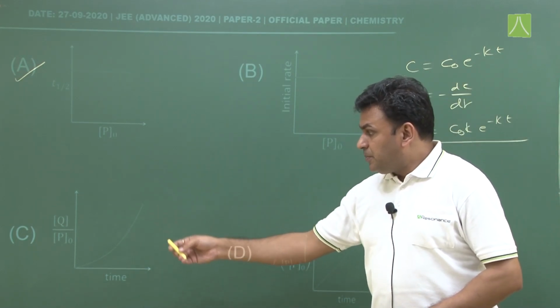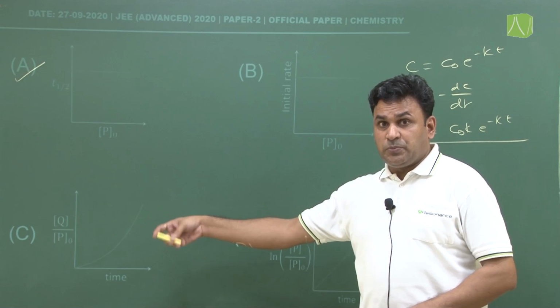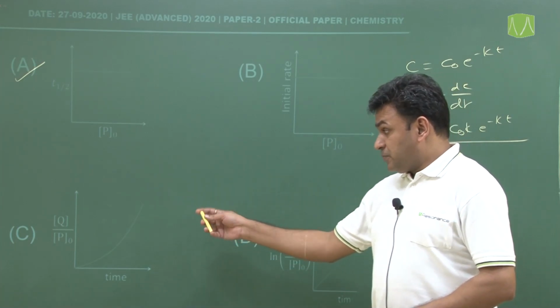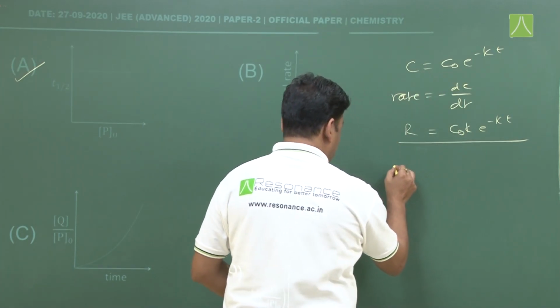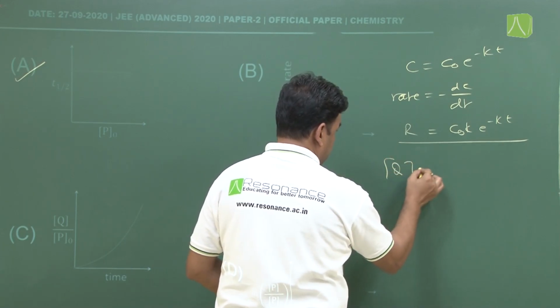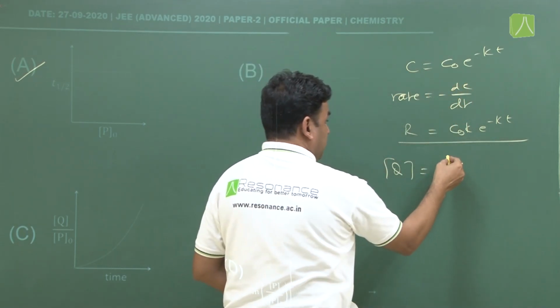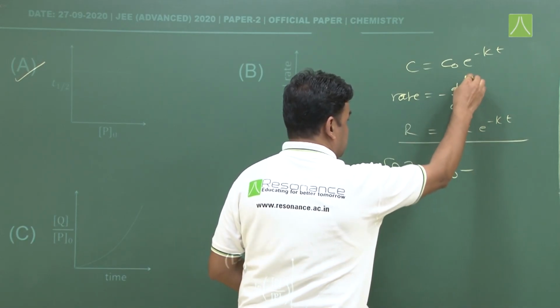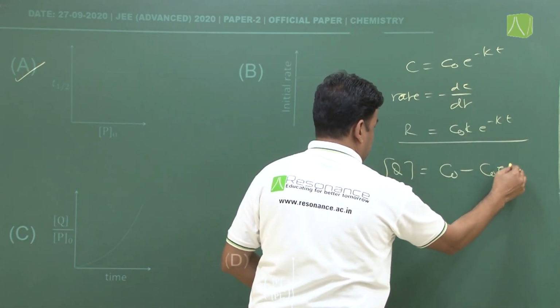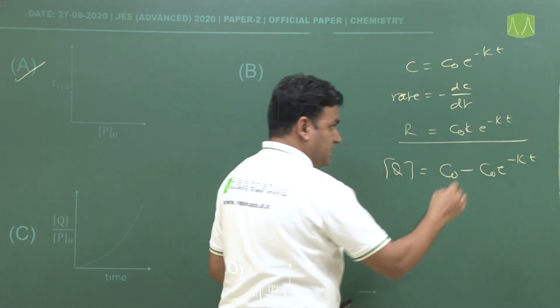C part, Q upon P naught. Q is the concentration of the product formed. So the concentration of product should be the amount which got reacted, so initial concentration minus the remaining concentration. The remaining concentration is C naught into e raised to power minus kT.